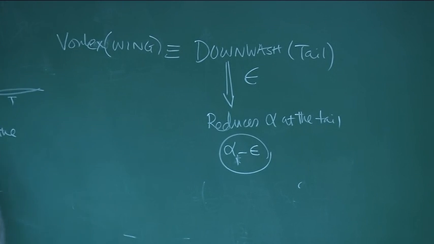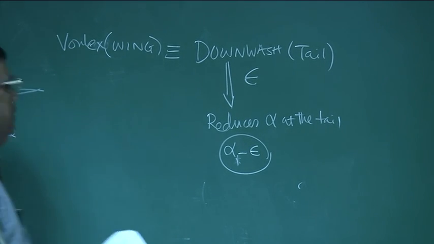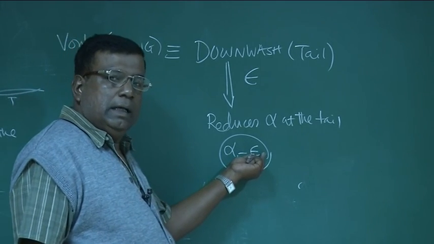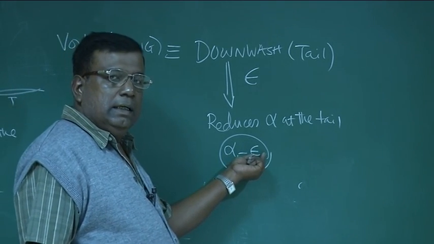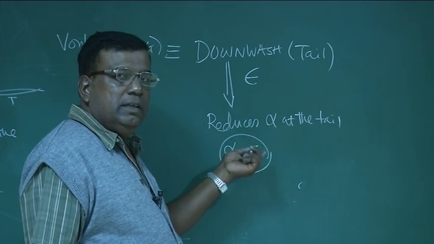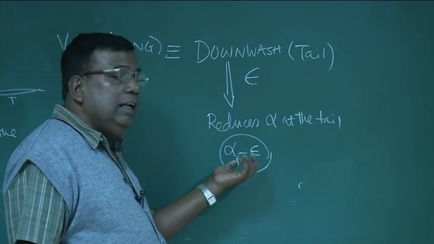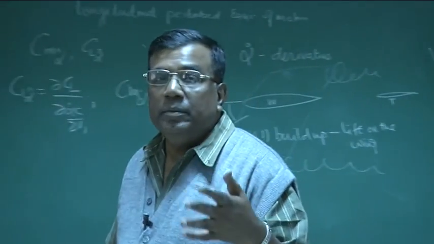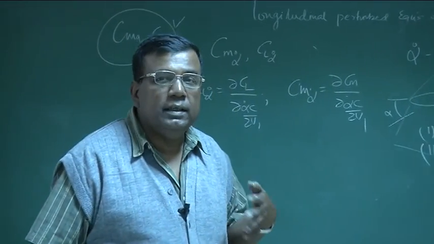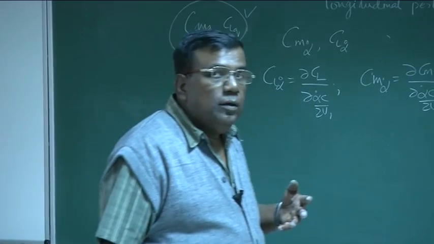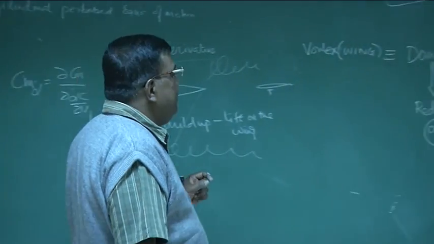So it gets reduced. Now you could see that if there is a time component in epsilon, that it is not some fixed number but is changing with time, then the angle of attack at the tail also becomes a function of time, even at steady state. But you have to be careful when I give this statement.